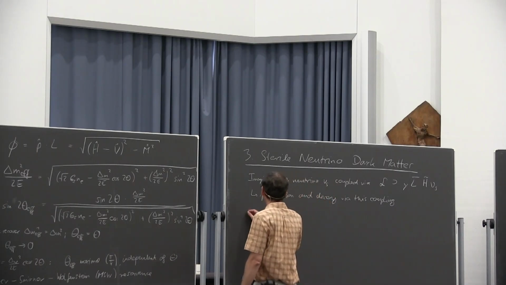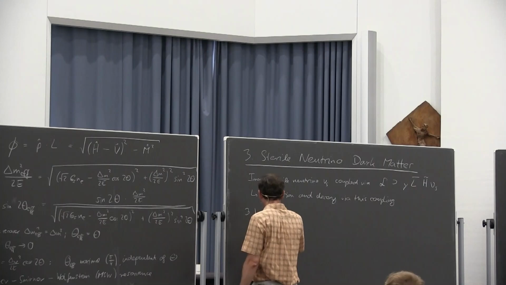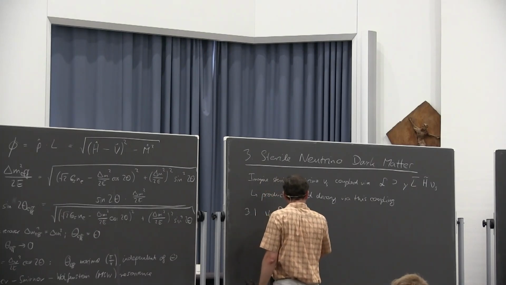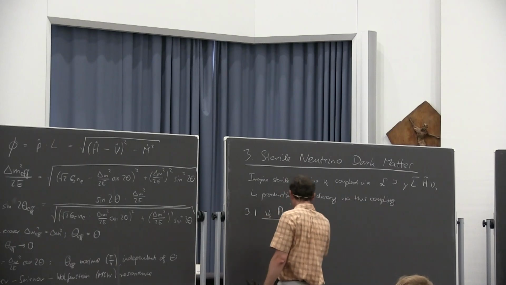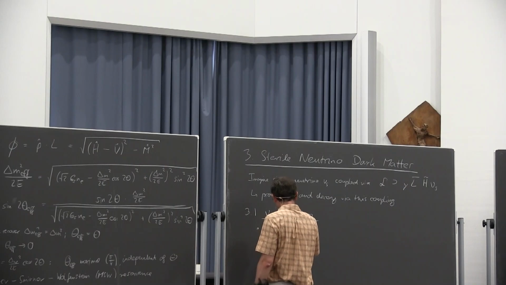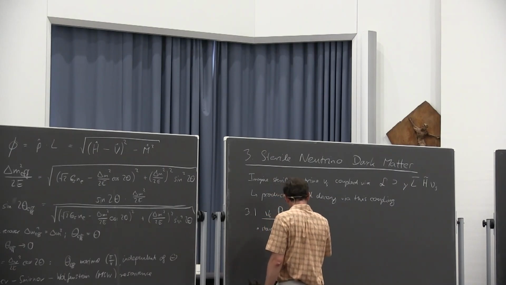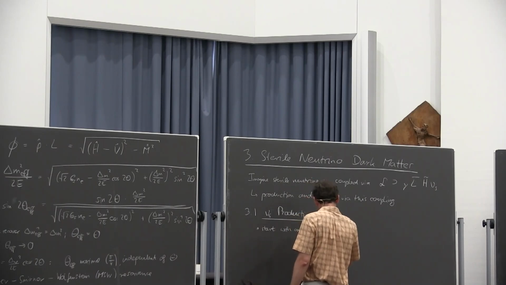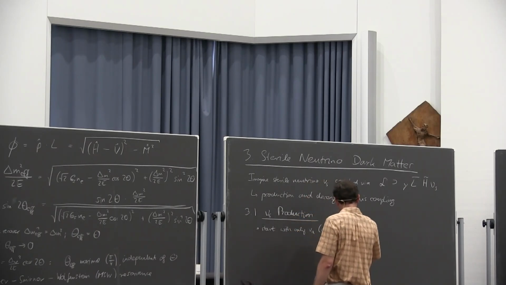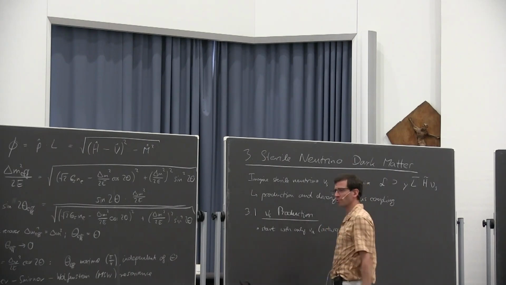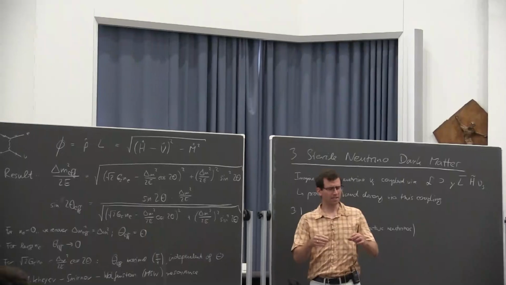So let's call this 3.1, nu S production. The intuitive picture is, you start with a population of only active neutrinos, nu A. Those active neutrinos will immediately start oscillating.